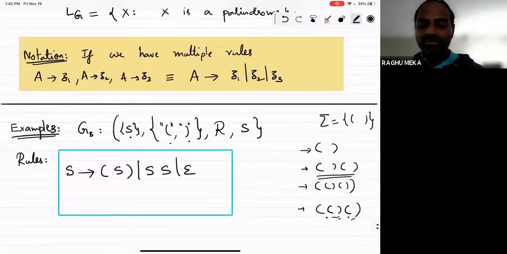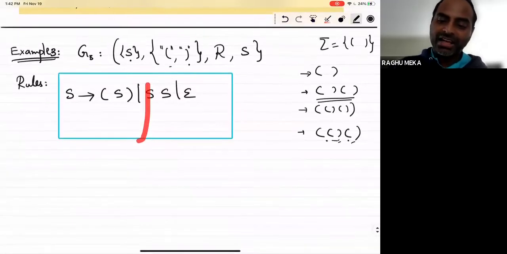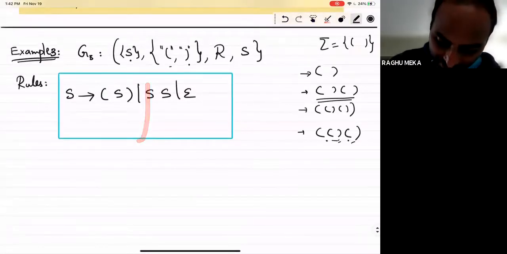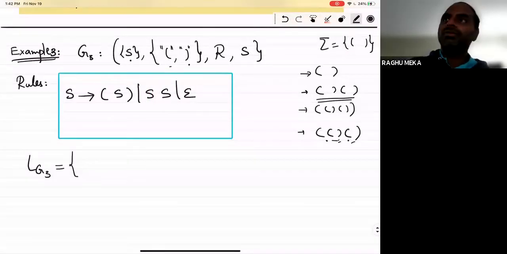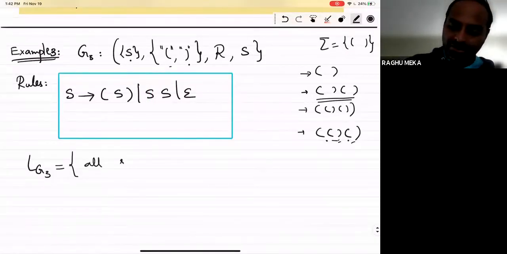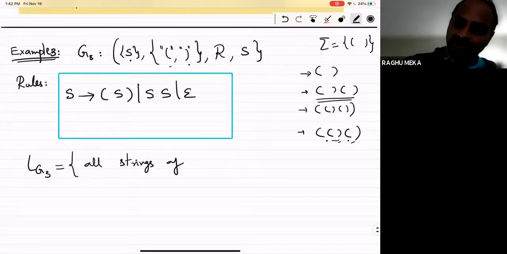This is a new grammar, and what's the language computed by this grammar? All strings of well-matched parentheses.